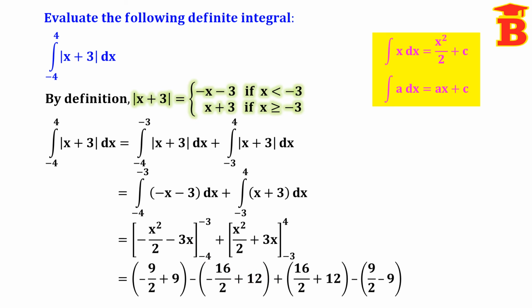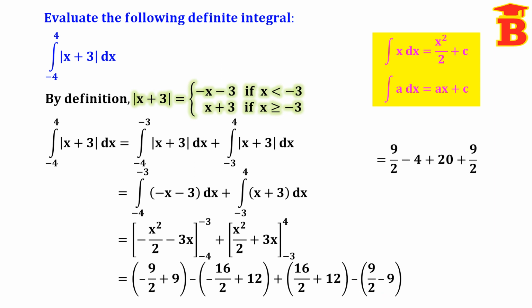So this is the first term, upper limit minus lower limit. Similarly, for the second term also we substitute upper limit minus lower limit. Substituting the upper limit 4, 4 squared 16 by 2 plus 3 into 4, 12, minus substitute the lower limit minus 3, squared is 9, so 9 by 2 plus 3 into minus 3, that is minus 9. So this is the second term, upper limit minus lower limit.